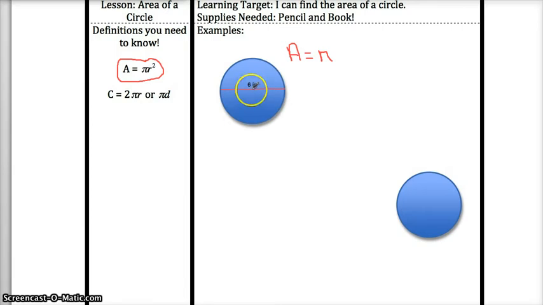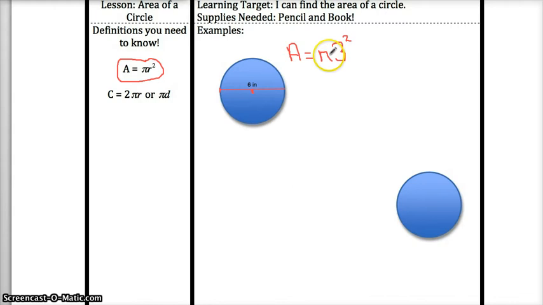Remember that the radius is only the halfway point. It's from here till the end of the circle on this side. It's only half of the diameter. So my radius is not 6, but it's half of 6. So what is half of 6? Well, that's 3. So pi times radius, and my radius is squared, 3 squared.